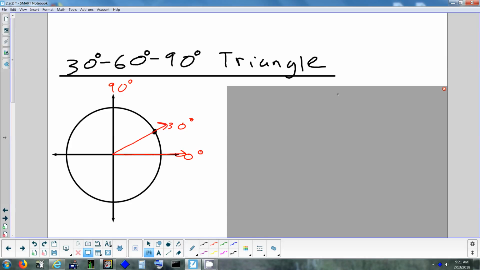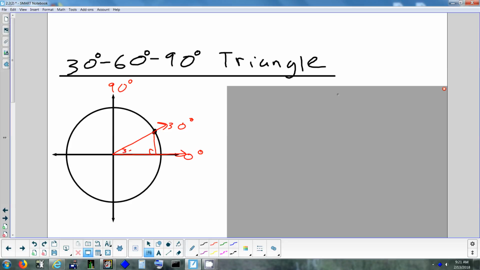Okay, I'm going to do the same thing I did last time. What shape am I going to create out of those two rays? Triangle. Yep, I'm going to make a triangle, and I'm going to draw a line straight down from the point perpendicular to the x-axis.